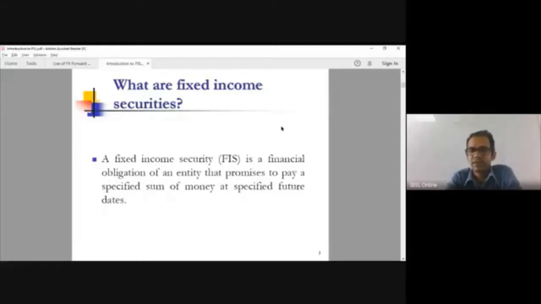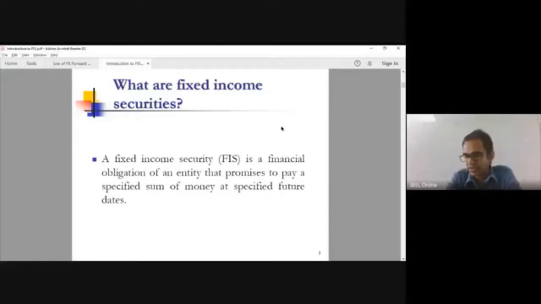That generally does not vary, but there are variations. First we'll discuss the basic types of fixed income securities, then we'll discuss some variations. Generally we call them fixed income securities just because they have fixed cash flows.